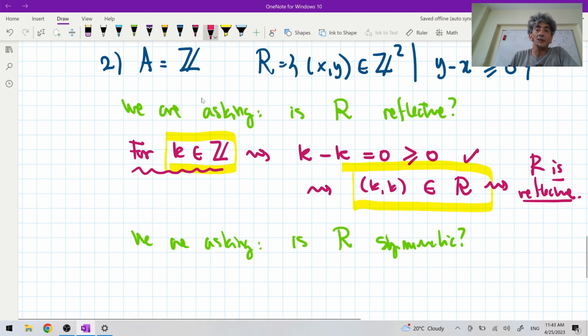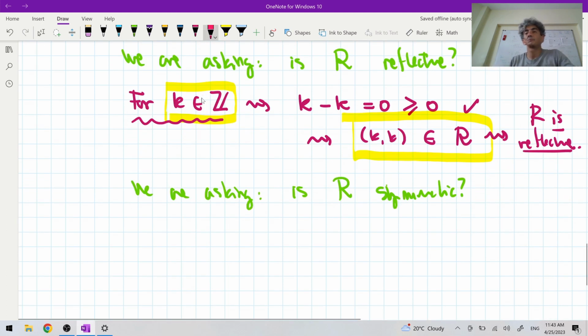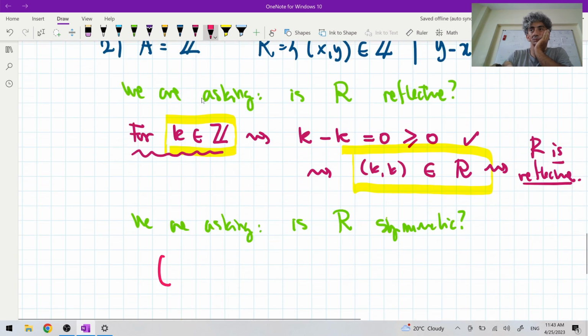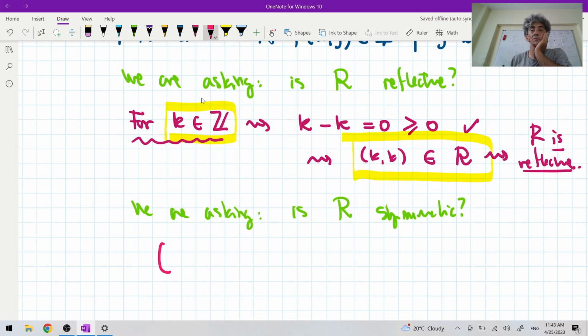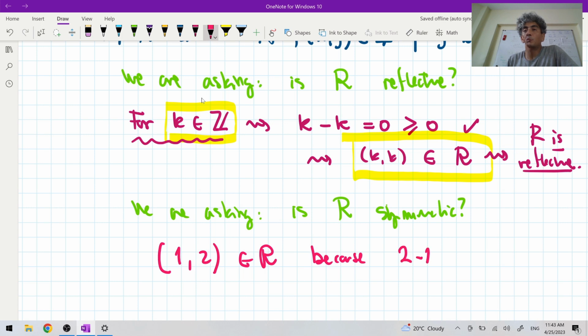And okay, let's take an element in R. So 1, 2. So 1, 2 belongs to R because 2 minus 1 is 1, and that's greater than 0. Okay, so this means that 1 is related to 2.